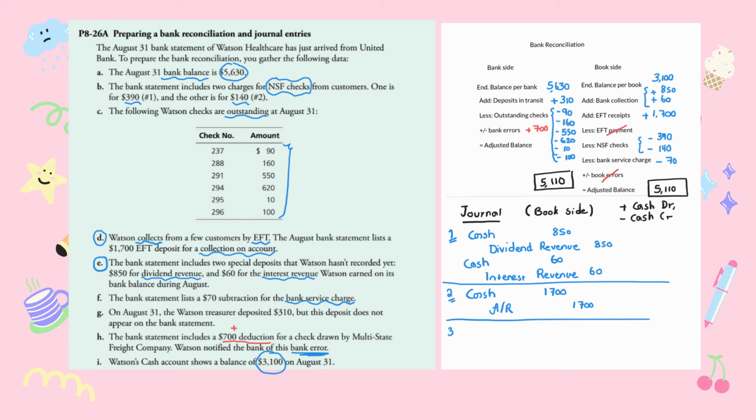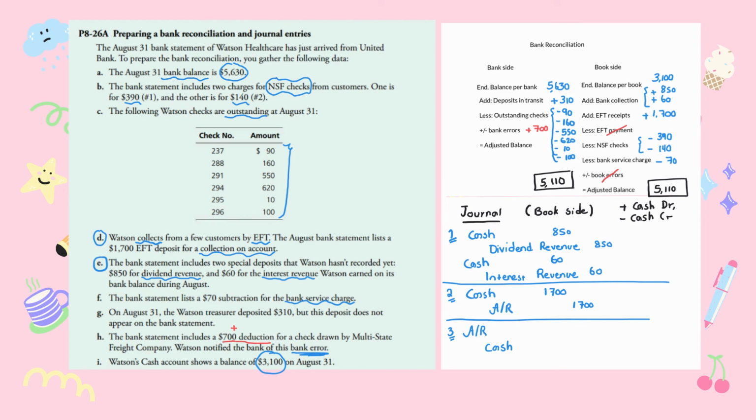Now the third adjustment, non-sufficient fund check. Non-sufficient fund check means I received a non-sufficient fund check from a customer, so I'm not gonna forgive him. I'm gonna receive it back later from this customer. So since I'm decreasing, cash will go to the credit side and I'm gonna receive it later from this customer.